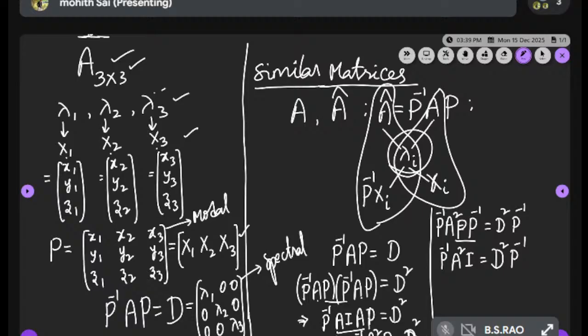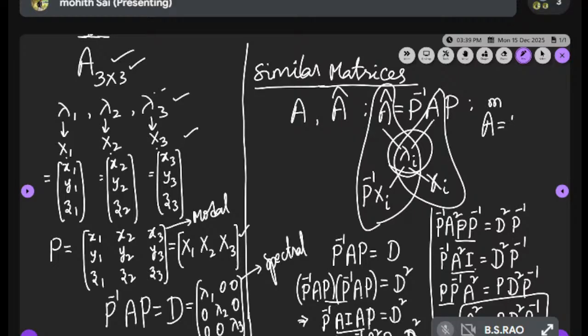Write P on the left: P P inverse A square equals P D square P inverse. So this will be I. A square equals P D square P inverse. Similarly, A power m equals P into D power m into P inverse.